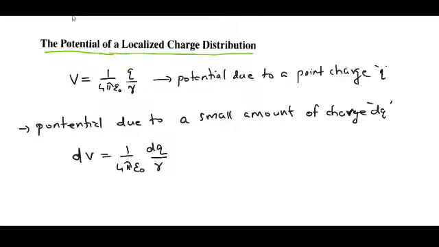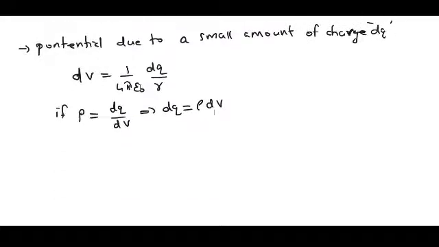We know a different form of the charge density, that is, the volume charge density rho equal to dq by dV. From this one can write dq is equal to rho dV. Then the potential due to a small amount of charge dq contained in the small volume element dV can be written as V is equal to 1 by 4 pi epsilon 0 integration.